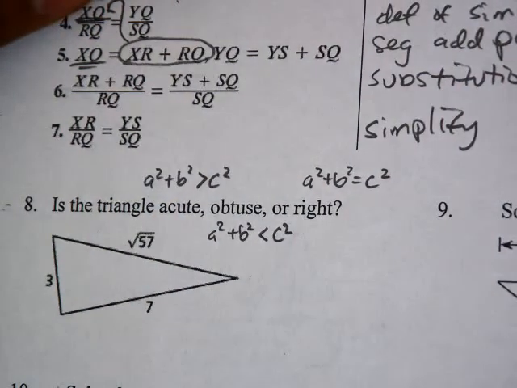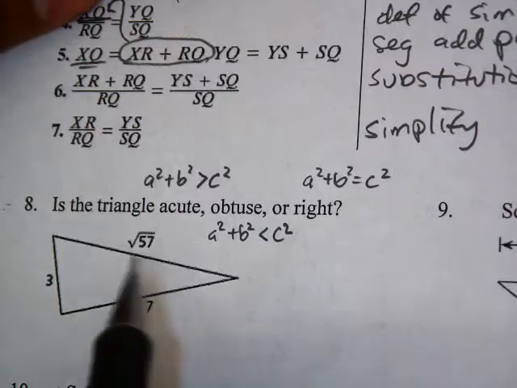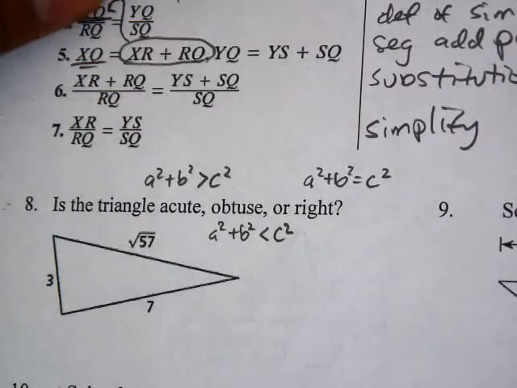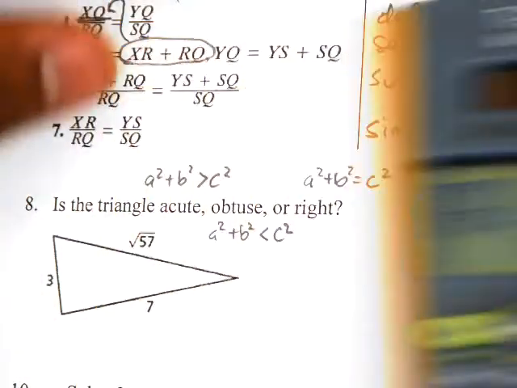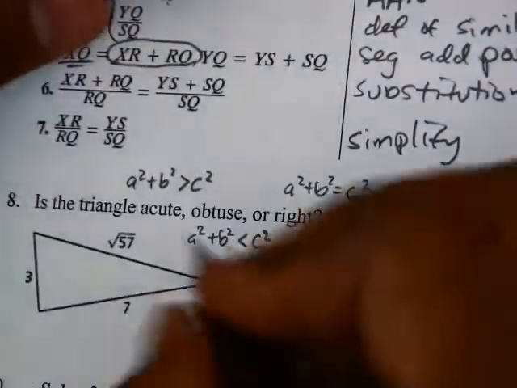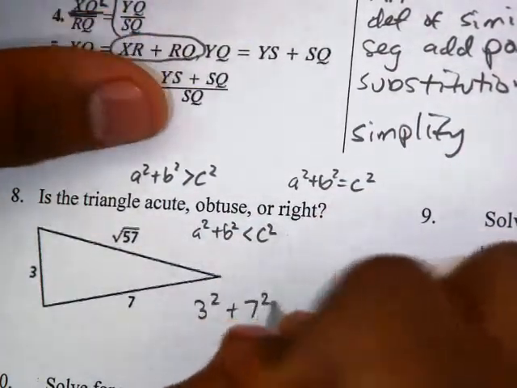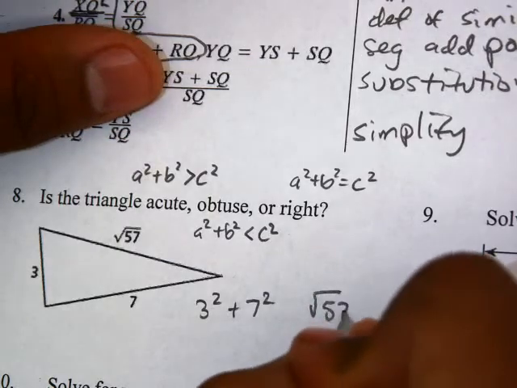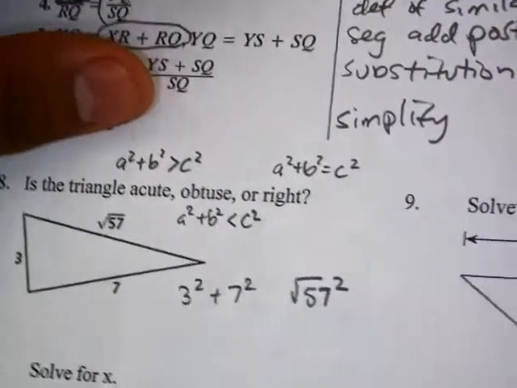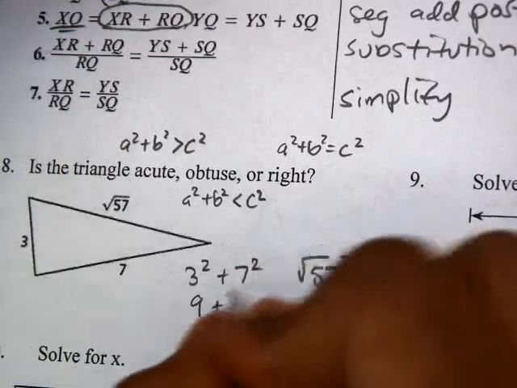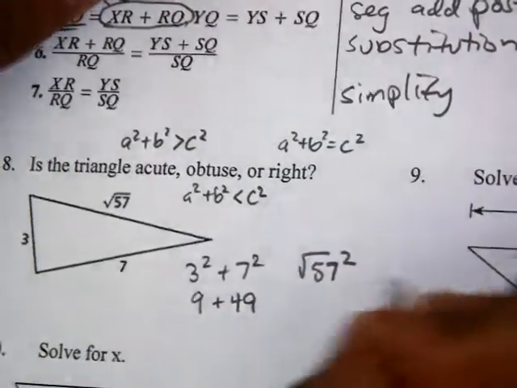So the c is always the longest side, and clearly I think the square root of 57 is the longest side, because the square root of 57 is about 7.5, which is longer than 7. So that's our c. So we're just going to compare 3 squared, 7 squared, and the square root of 57 squared. 3 squared is 9, 7 squared is 49.